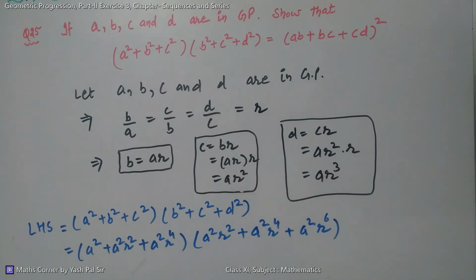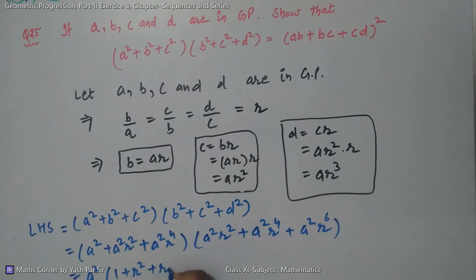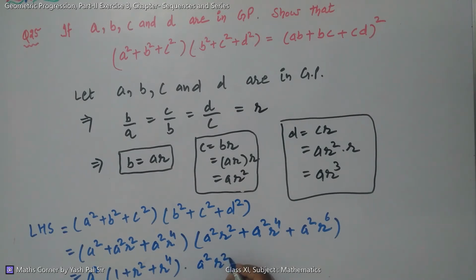Right? Now in the first bracket we take A square common. We are left with 1 plus R square plus R raised to power 4. In the second bracket we take A square into R square common, so we are left with 1 plus R square plus R raised to power 4.